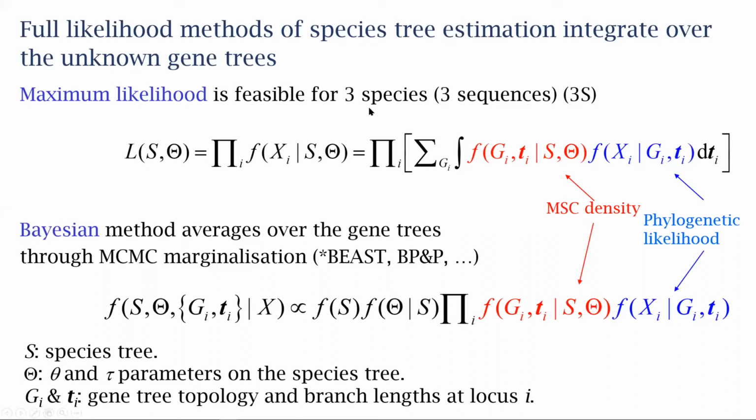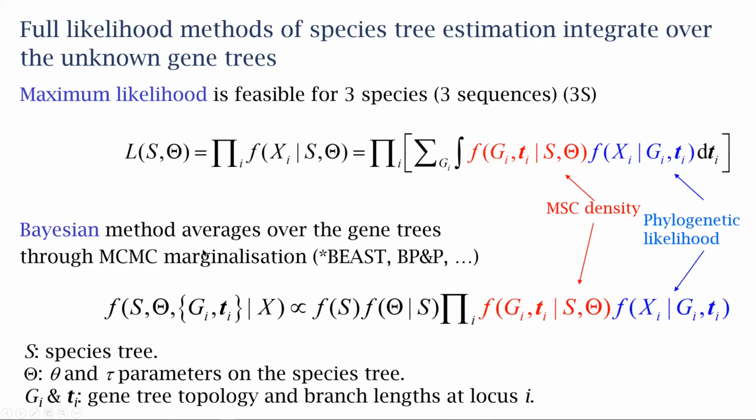So if you do max likelihood, you won't go far beyond 3 sequences. We have a program for doing 3 sequences that's called 3S, because we have no ambition of moving to 4. We are just doing the integral numerically and summing over all the gene trees by enumeration.